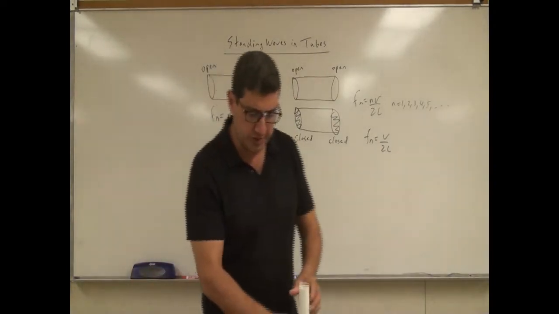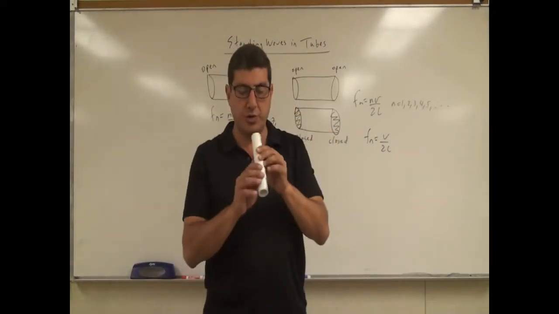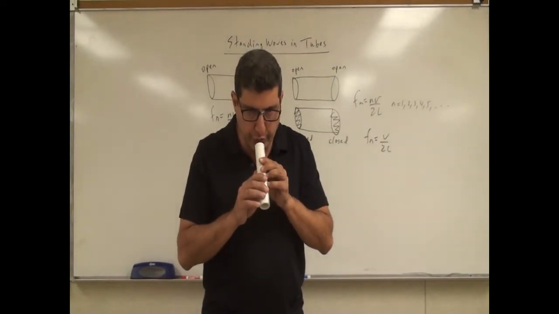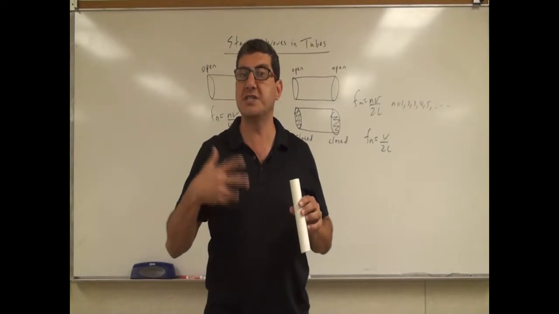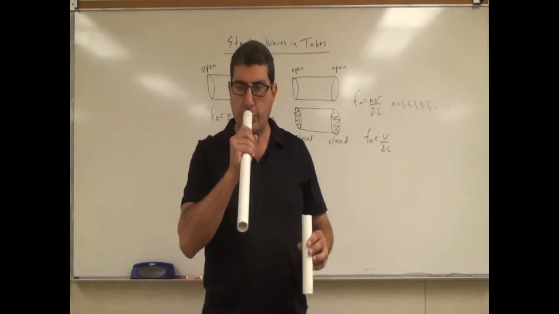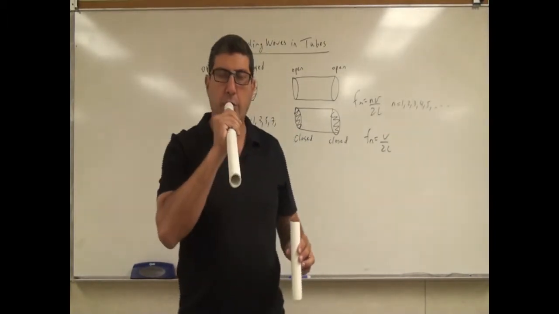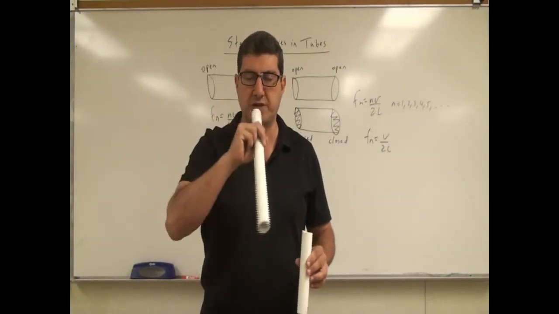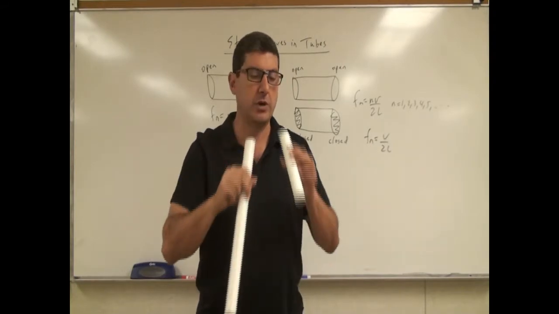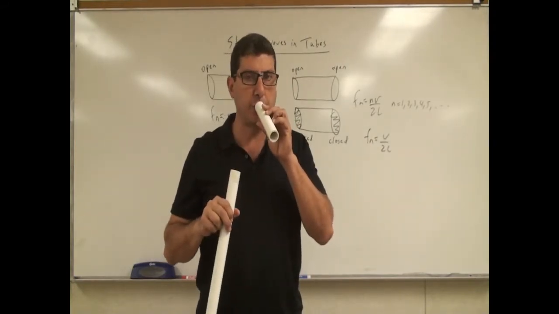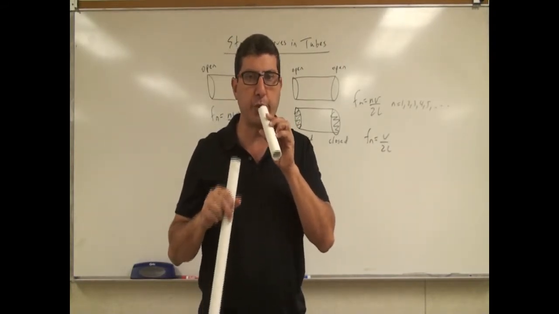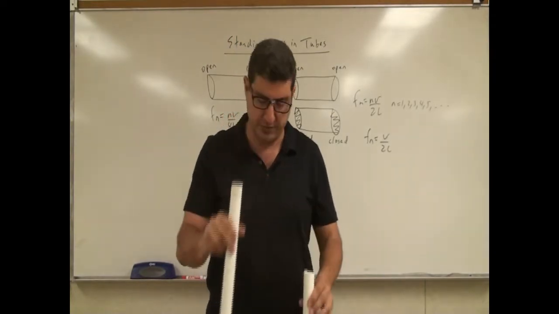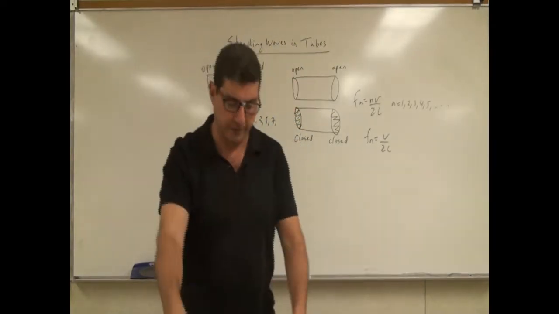So we can take tubes here and just blow into them and see what sound it produces. You can tell that this is lower frequency. Okay, so this one is producing lower frequency.